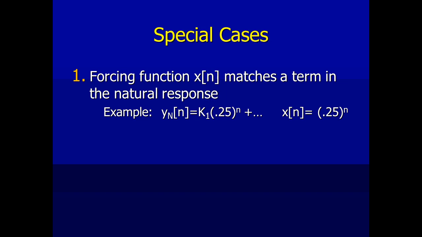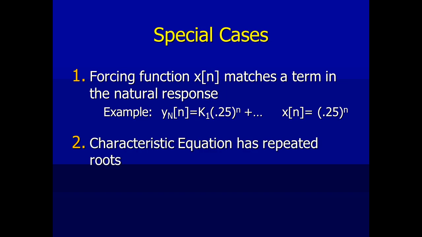For example, if you had a natural response term with a 1/4 to the n in it, and you happen to also drive it with another signal that was 1/4 to the n, then our form of a natural response matches up with the form of the forced response. And then we have to deal with that with a slight change to our process so that we don't have those effects overlapping each other.